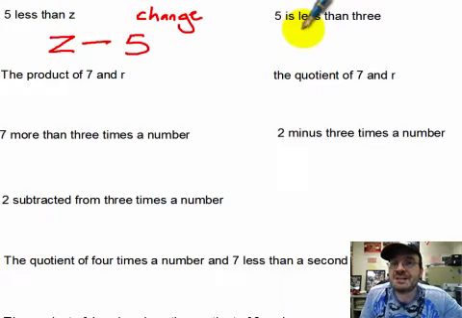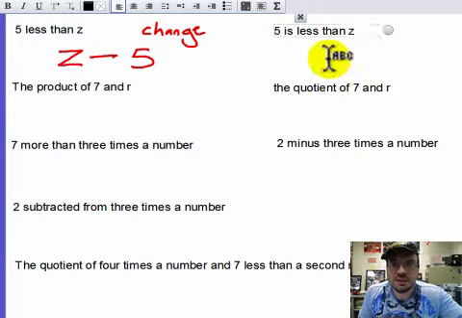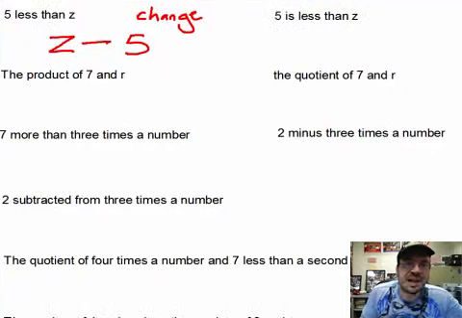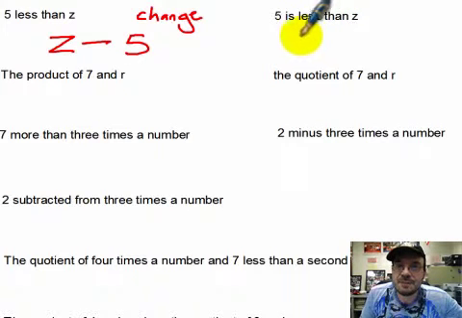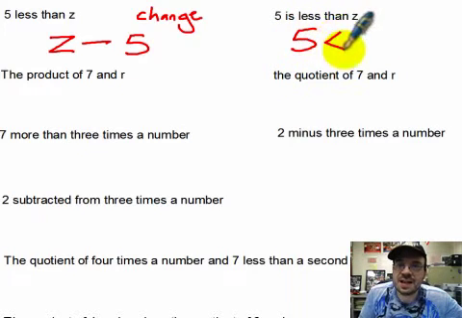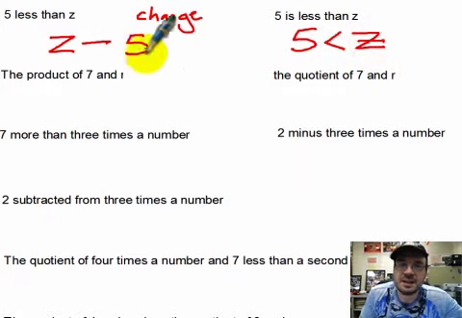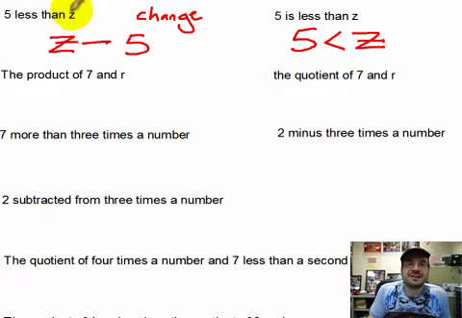But if I say 5 is less than z, that means I have 5, I have the less than symbol, and I have z. So 5 less than z means z minus 5.